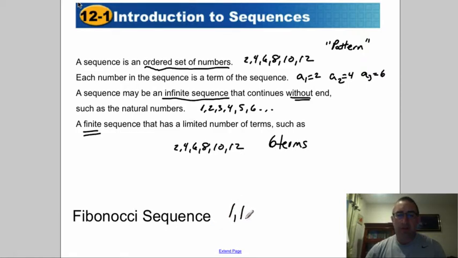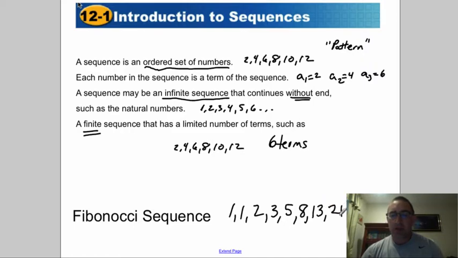The sequence goes 1, 1, 2, 3, 5, and as I'm writing these, see if you can see the pattern here. 8, or how I'm generating these numbers. 13, 21, 34, and that pattern continues.